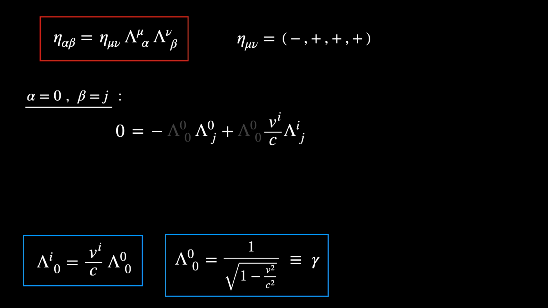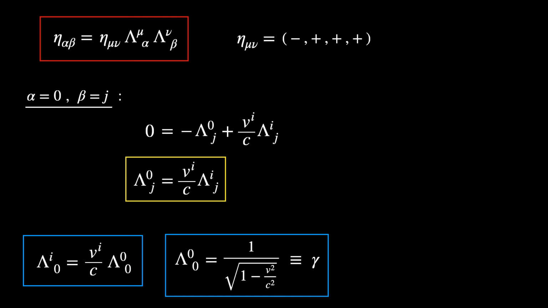Lambda 0,0 can be factored out. This gives lambda 0j in terms of lambda ij, which is yet to be solved. Notice that since the equation in the red box is symmetric with respect to the indices alpha and beta on both sides, we need not consider the case of alpha equals j and beta equals 0.